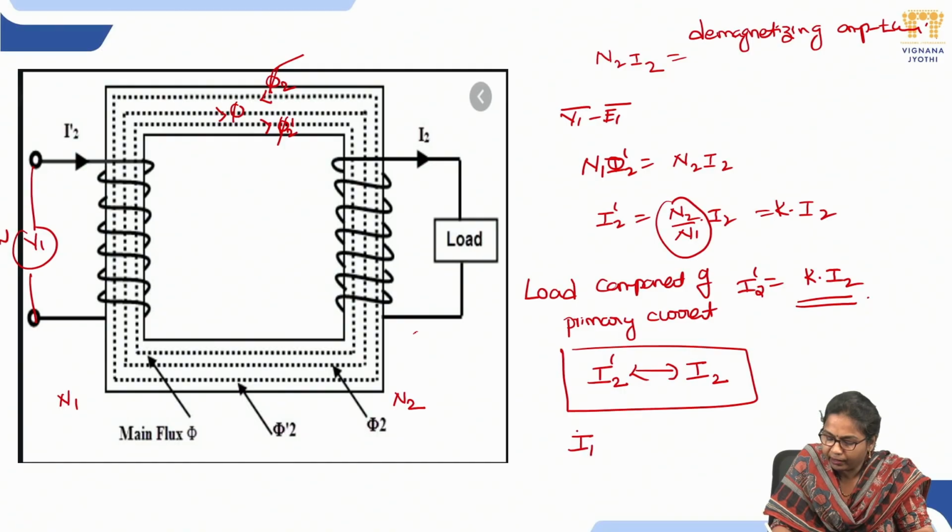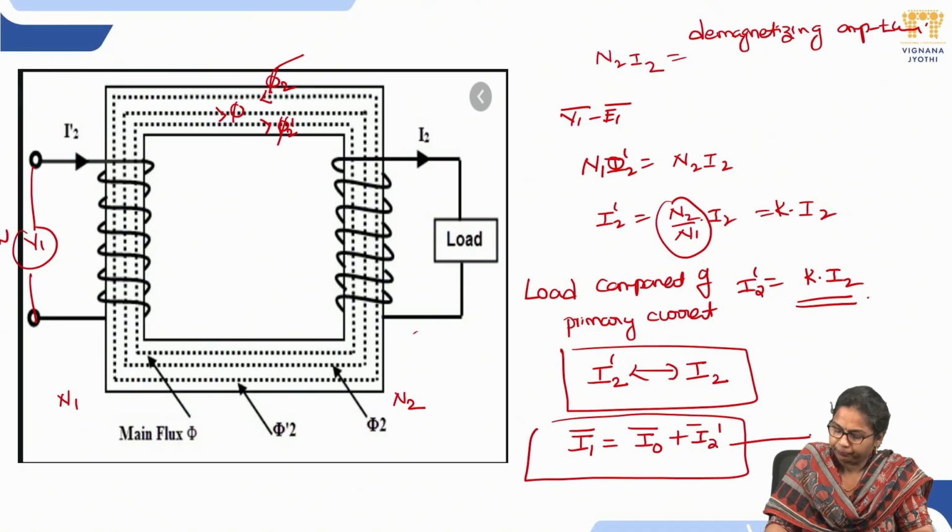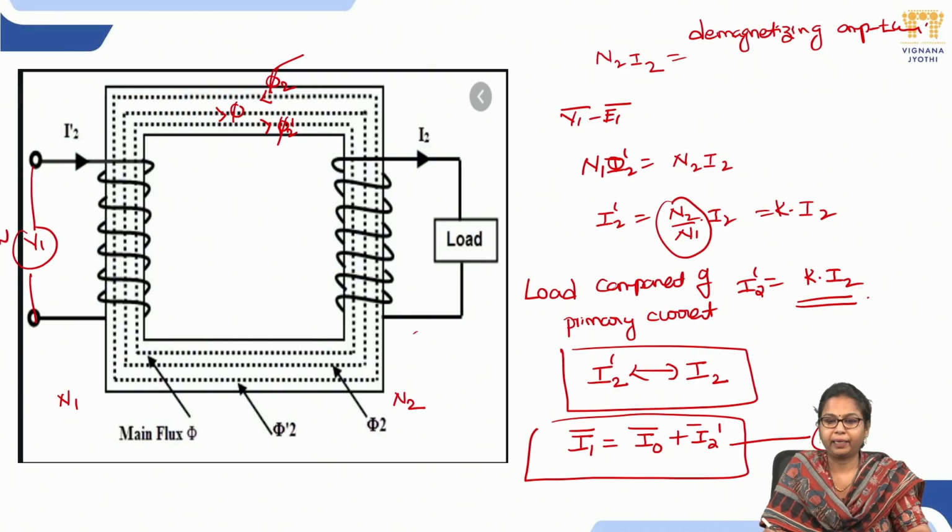How can we get our primary current? It is I0 plus I2 dash. This is how we can determine our primary current.